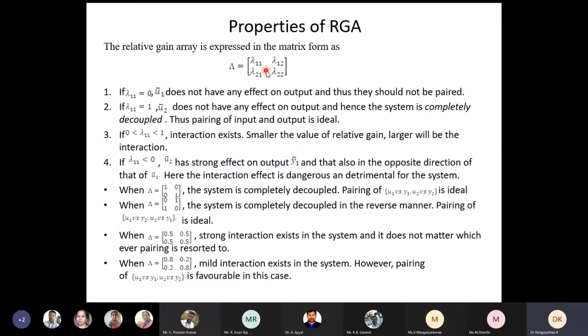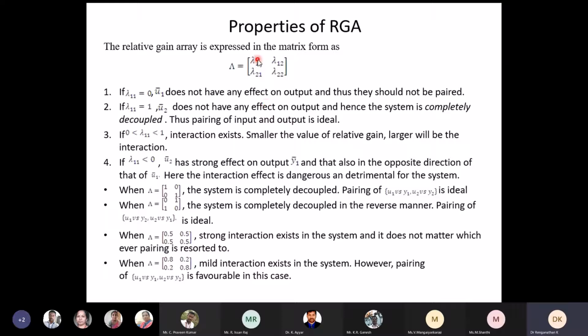Similarly, we can take it for all the other loops also, which is going to be lambda 12, lambda 21, lambda 22. So it's going to be for all the 4 loops, and for all the 4 conditions we can find the relative gain, in terms of lambda 11, lambda 12, lambda 21, lambda 22.